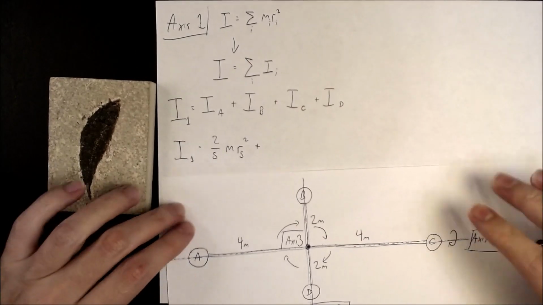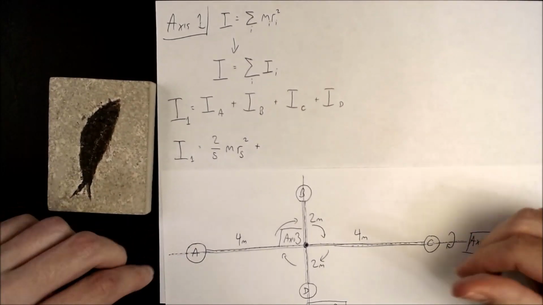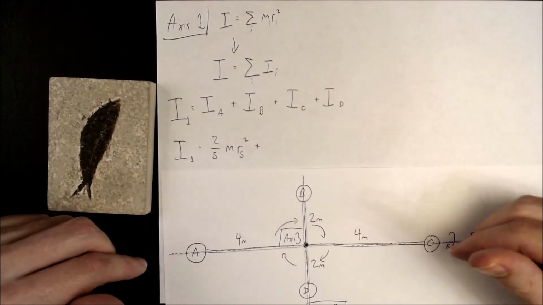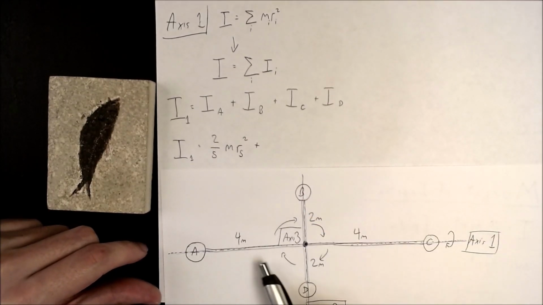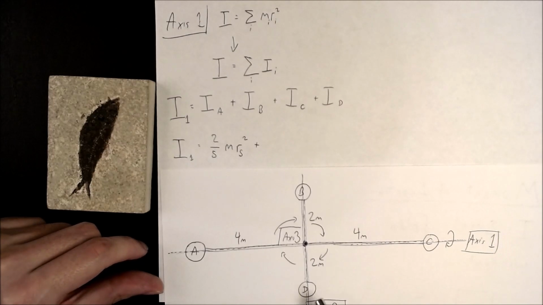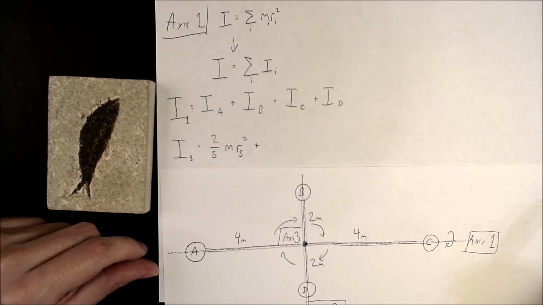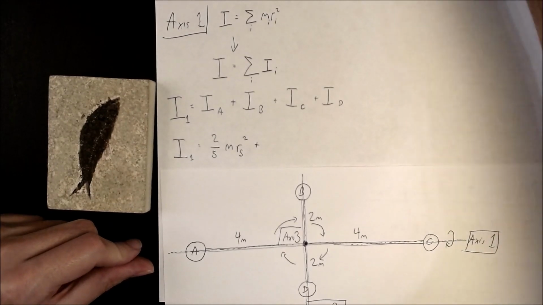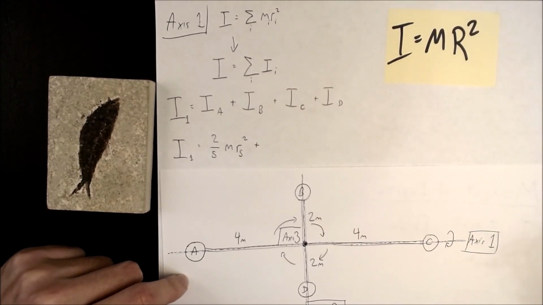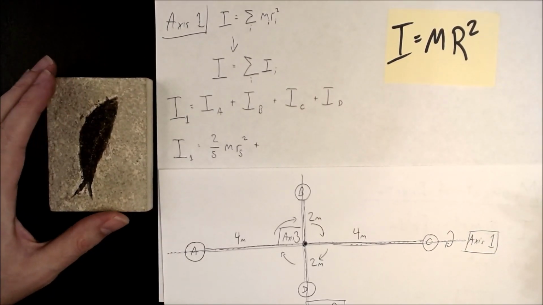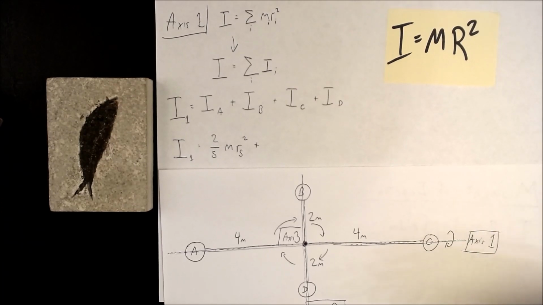Okay, we need to add the moment of inertia of object B. Well, if we're looking at axis 1 as it rotates around, the axis does not go through B, nor does it go through D. Therefore, we need to use our moment of inertia for when we have an object going around in a circle and the axis of rotation does not go through that object.